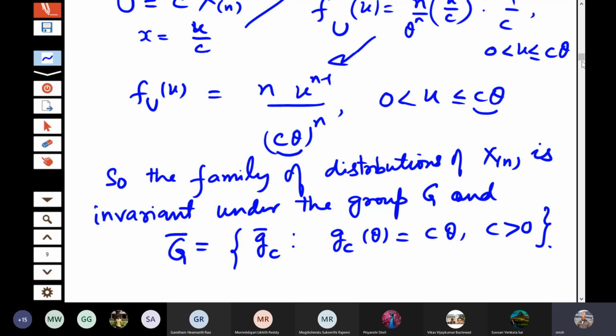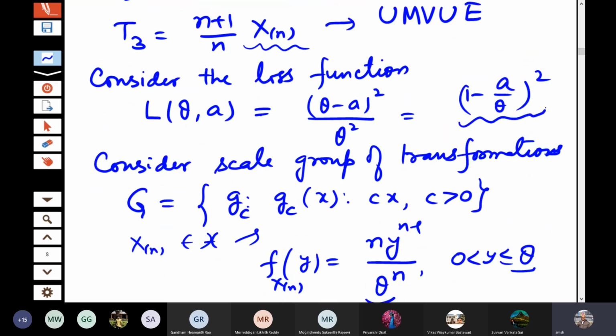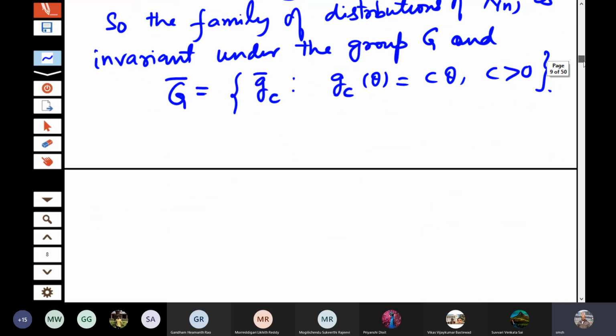Now let us check that with respect to the loss function that we have considered here. If this is invariant, then what is the form of invariant or equivariant estimator, and based on that, how to find the maximal invariant.